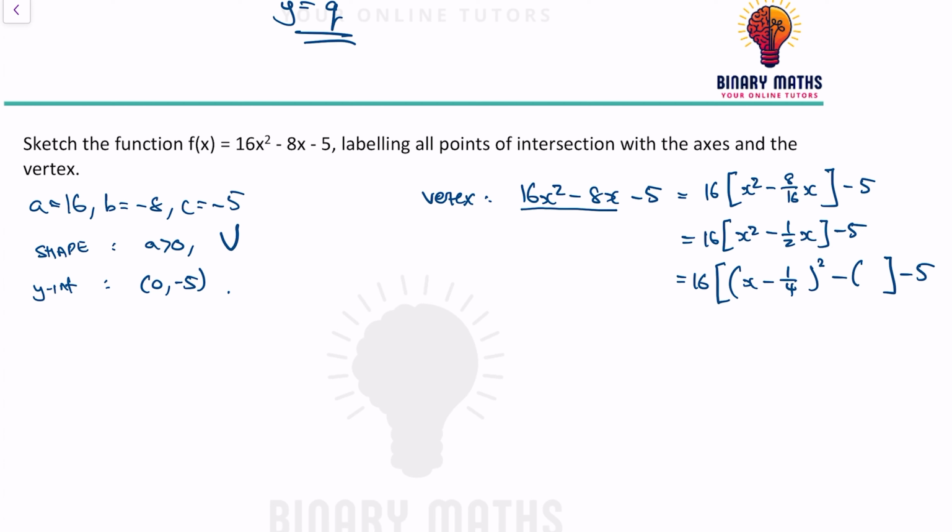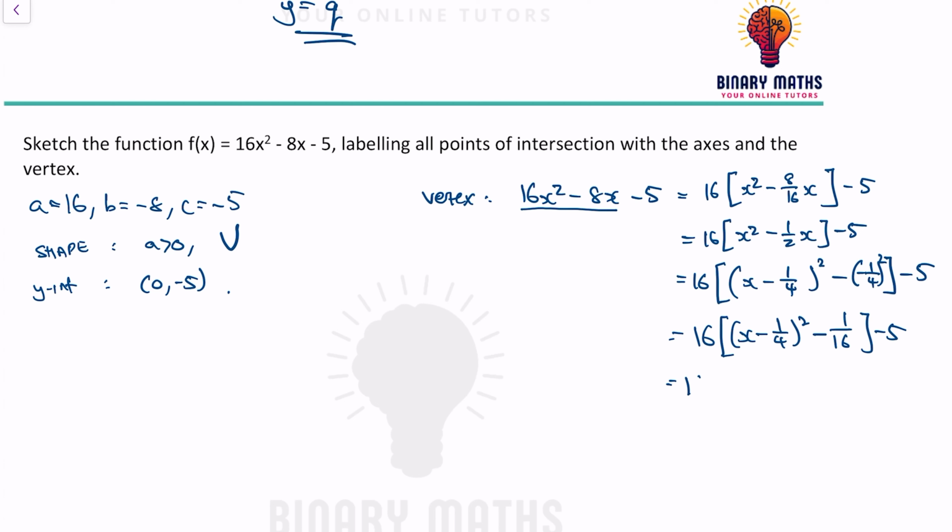You take off the square of that. So we've got x minus a quarter squared, take away 1 over 16, minus 5.